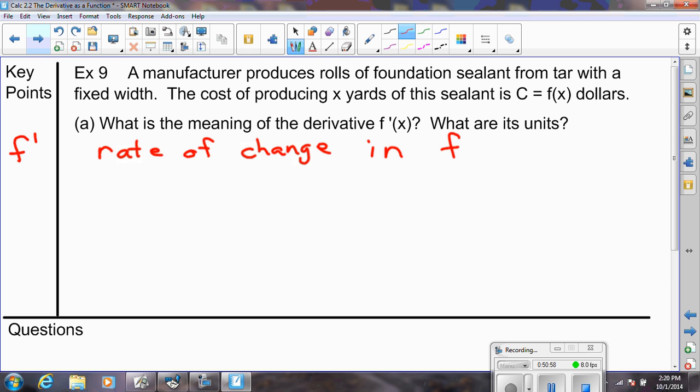But f is actually the cost. So when we're talking about the rate of change in cost, we're saying how much more does it cost to do extra.